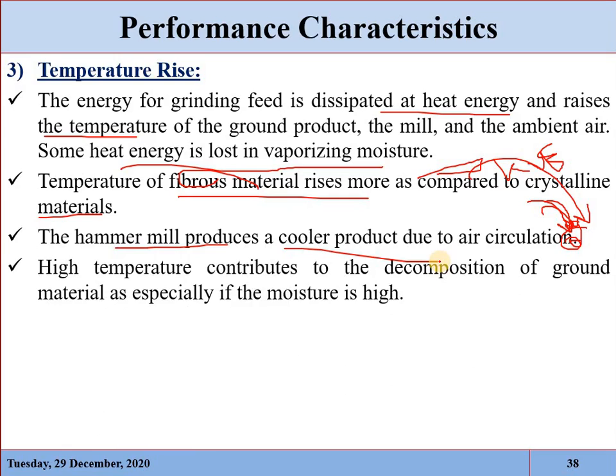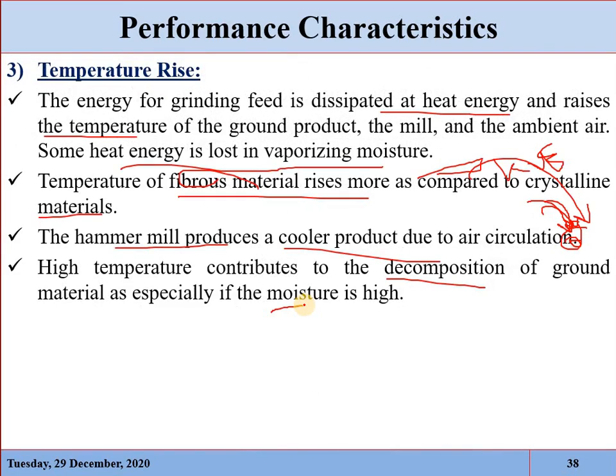While the temperature generated in the attrition mill cannot be circulated into the outside environment, so it can increase the temperature of the ground product. And high temperature contributes to decomposition. Remember, if in an attrition mill the temperature is raised, the decomposition of the product will start inside. And if there is moisture content, then the product can be damaged.